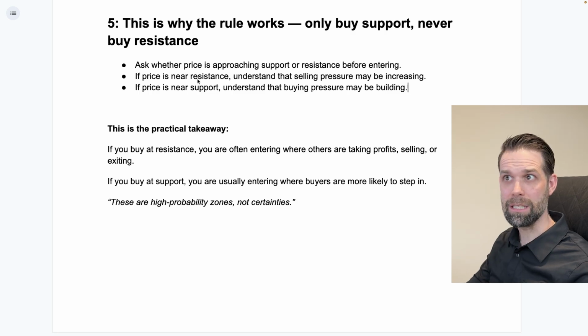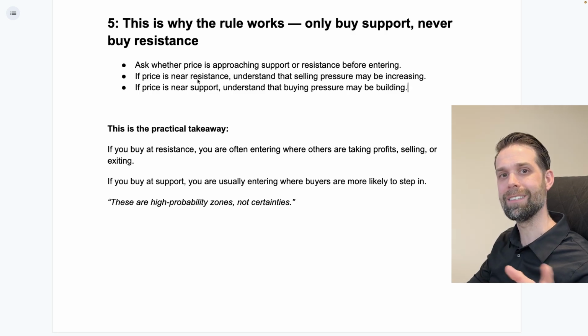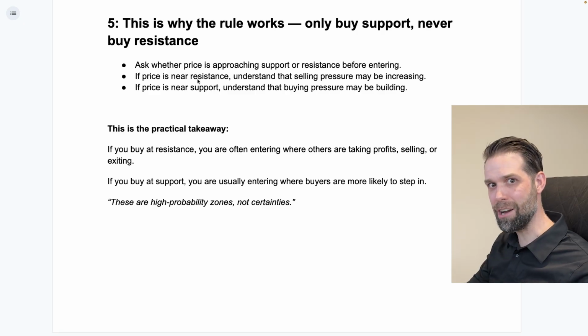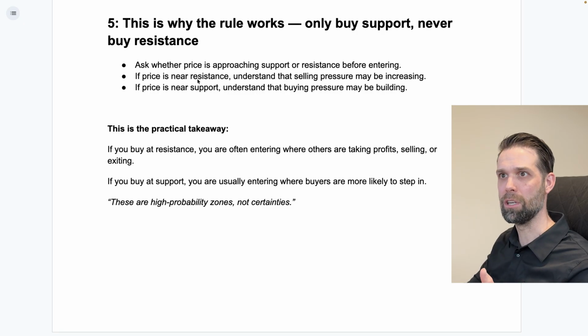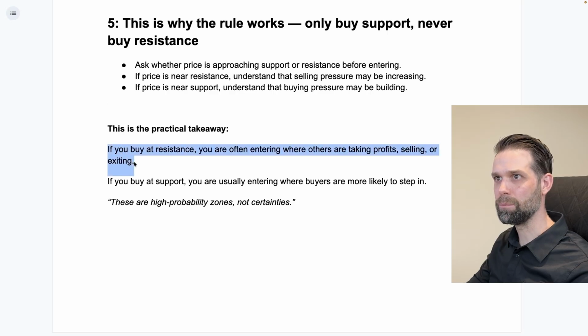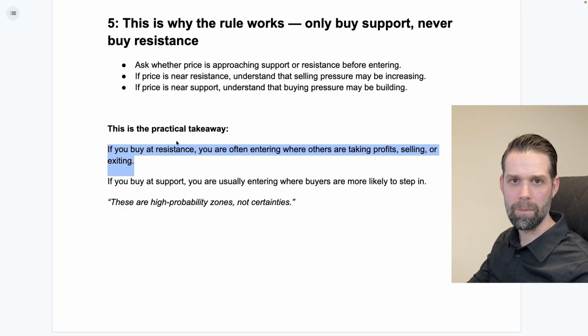If price is near resistance, understand that there's going to be a lot of selling pressure in those areas. Why would you buy when others are going to step in and overwhelm that area with selling? We want to enter where more buyers are also going to step in, where the momentum is going to shift, and when the price is going to rise. So the practical takeaway here is that if you buy at resistance, you're often entering where others are taking profits, selling, or exiting.